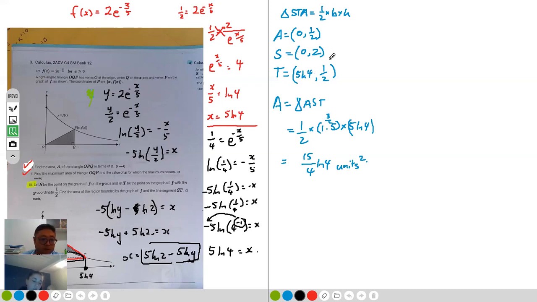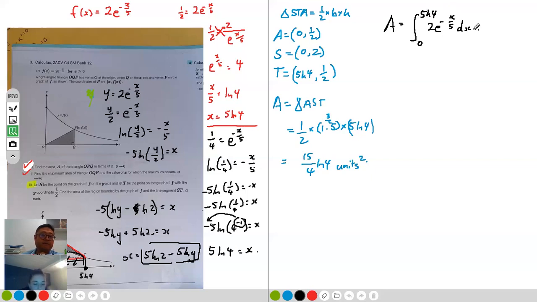So what we would do is go the area under this curve, s to t, right? The area from s to t, which is actually this area here, would be the integral from 0 to 5 ln 4. Got it? Yeah. And it would be just f of x, which is 2e to the minus x on 5 dx.